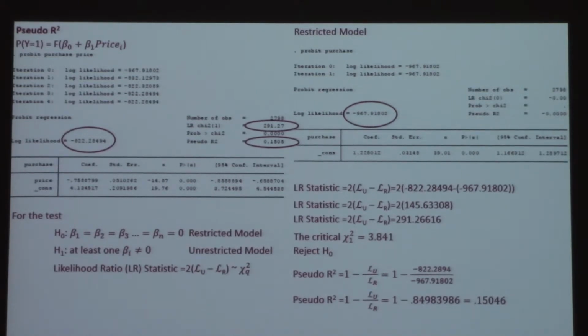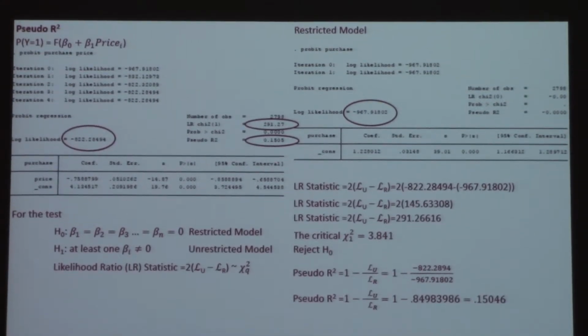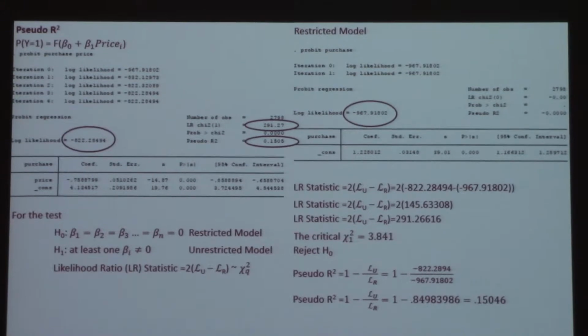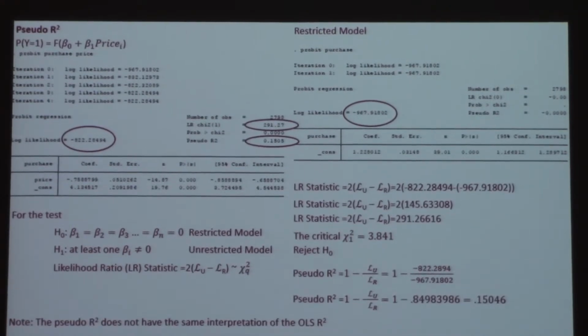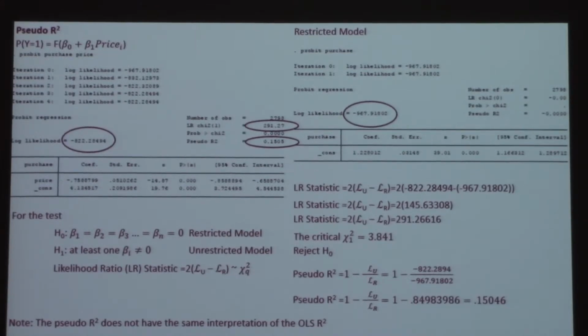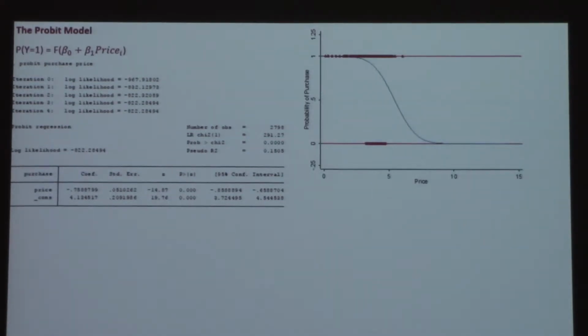And that equals 0.15, which is what we see up here under our pseudo R squared. Again, the higher the better, but you're not going to get R squareds that are too high. Or at least I haven't come across it. It doesn't have the same interpretation as our ordinary least squares regression R squared because it's not really a measure of fit.